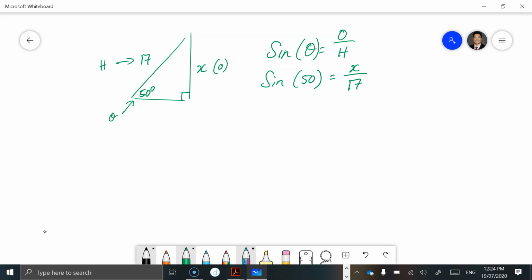Going back to algebra and linear equations, we want to have x on its own. To get rid of the 17, we need to multiply both sides by 17. So sine of 50 multiplied by 17 is going to equal x.